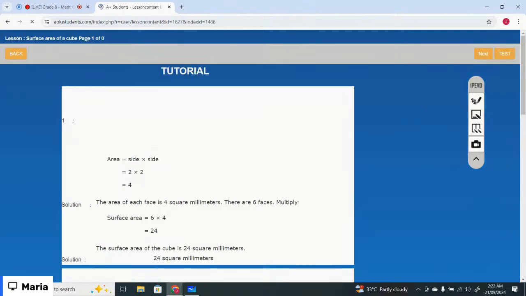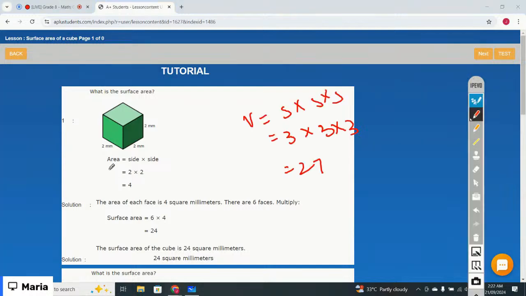So let's just start with the next lesson. What is the surface area? So first you have to find the area, right? The area is side times side. So that is the area of one face, right?